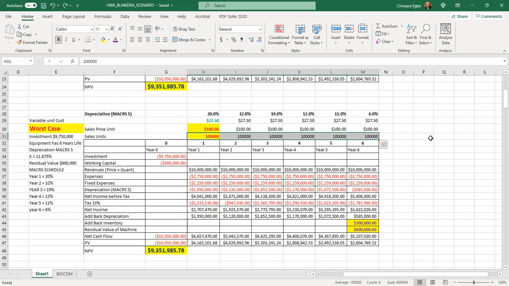If it's worse than the base scenario, then you can have different levels of worst cases and different levels of good to best cases, okay? So you can go from bad to worst, okay? You can go from better to best, okay? So this is what we're talking about.